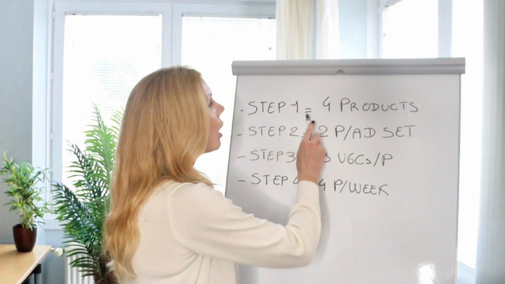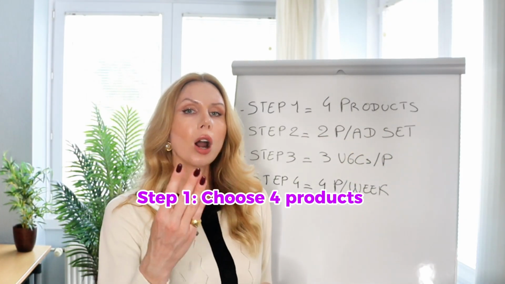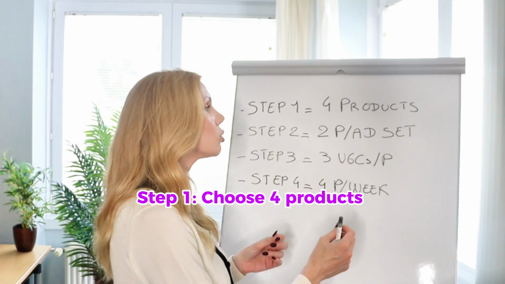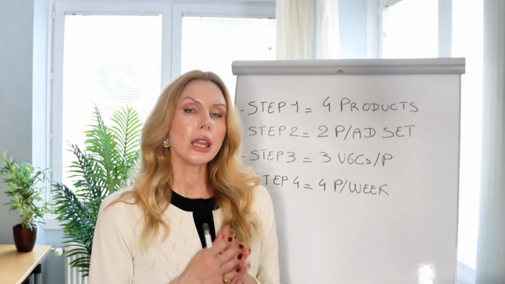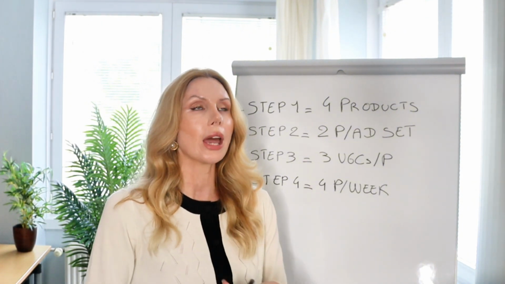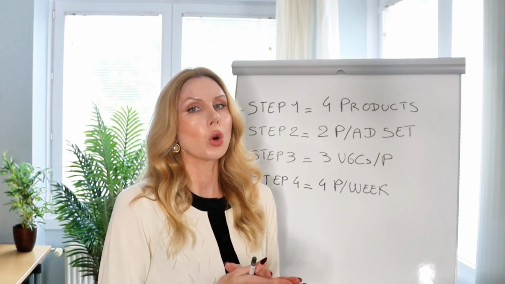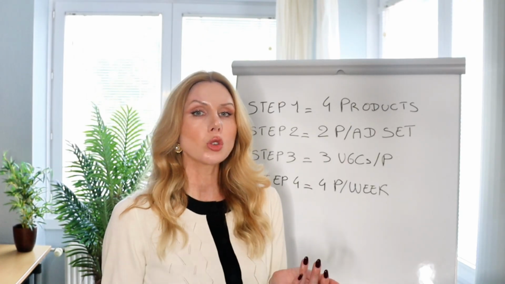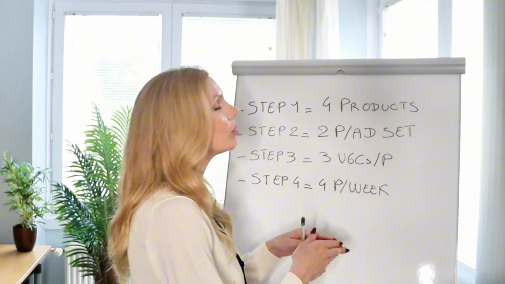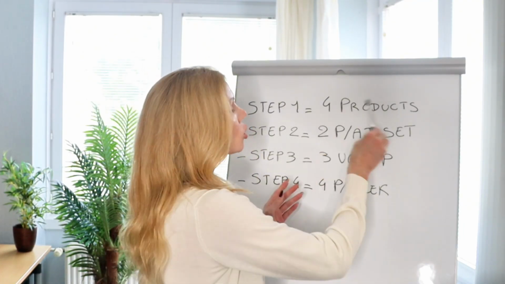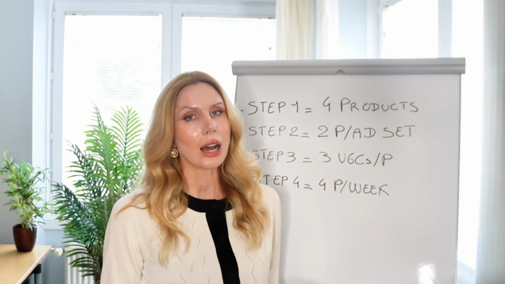Step number 1 is that you need to start by finding 4 products that you're going to start testing. 4 products only. So if you have a store that has a lot more products, then it's easy. If you have a store that only is selling 1 or 2 products, then you're going to have to either come up with 4 products to also add to it, or just start with the products that you have.